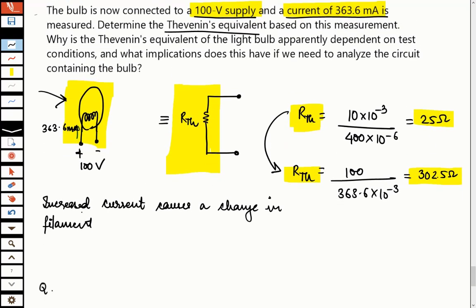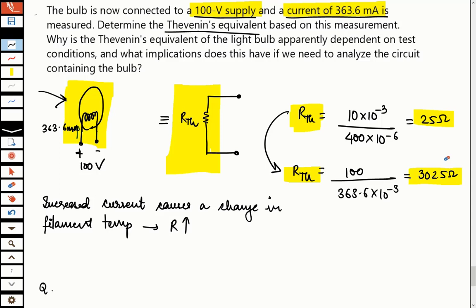So if the temperature changes, as a result the resistance also increases, right? That is what we measured. We found that the resistance has actually increased.